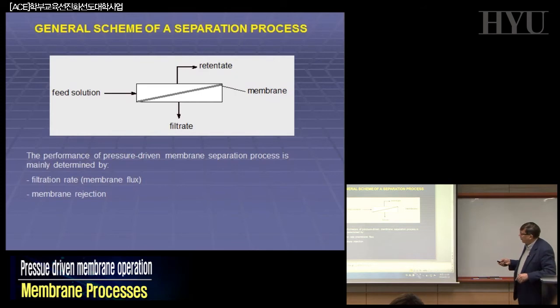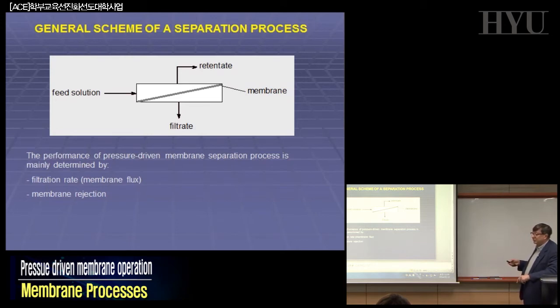Normally, when you are talking about a separation process based on membranes, you have your feed solution, and you have your membranes in a module. You will never see the membranes probably. That means you have a module in which there are the membranes. And what is happening is that your feed solution, which is just a homogeneous system, will be divided in two streams.